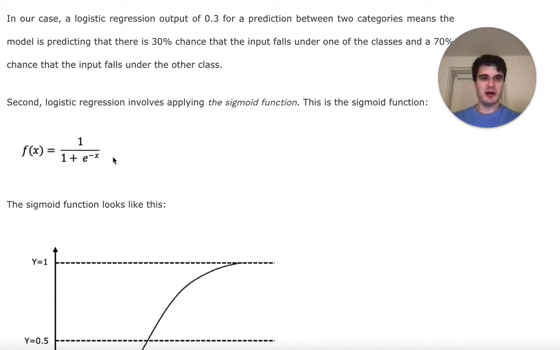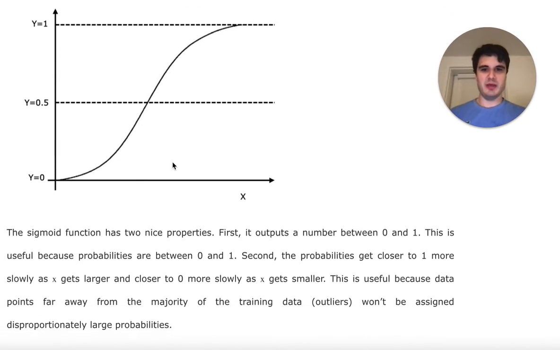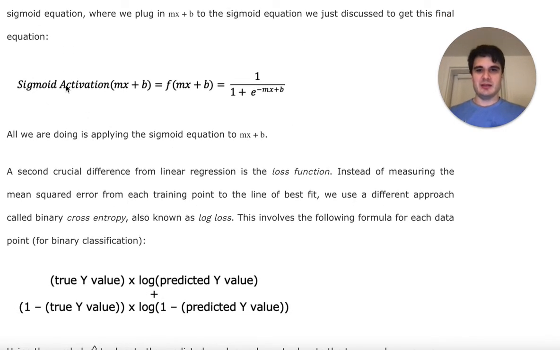In logistic regression, m and b are also the parameters, the things that the model is learning, except we don't take the sigmoid activation function of x, we take the sigmoid activation function of mx plus b. So mathematically, sigmoid activation of mx plus b is f of mx plus b, as we saw above, which is 1 over 1 plus e to the negative (mx plus b).